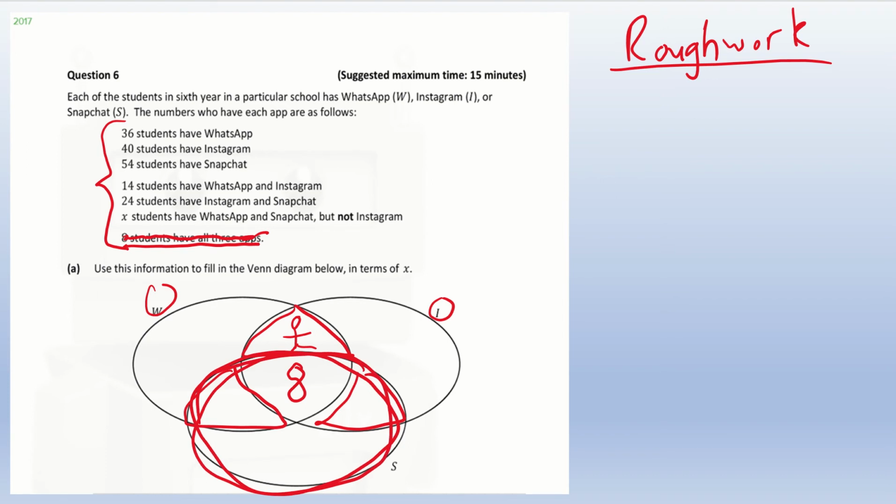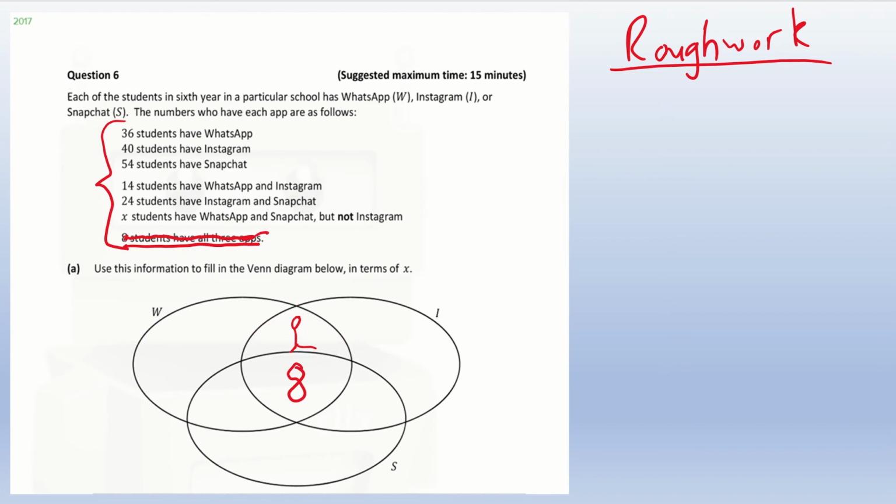So you only use WhatsApp and Instagram, you don't use Snapchat. So we're going to try and find out about the students who use 2 out of the 3 apps. And if you look at the 3 pieces of information here, you can see that we are talking about students who use combinations of 2 out of the 3 apps.